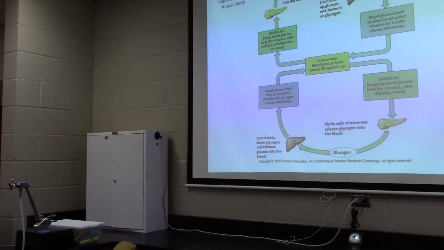So here's one about insulin and glucagon. We kind of talked about this already. This is an example of what? What are we looking at here? When you see that figure 8 kind of thing, what are you looking at? That's a feedback loop. What kind of feedback loop? Try again. It's a negative feedback loop.